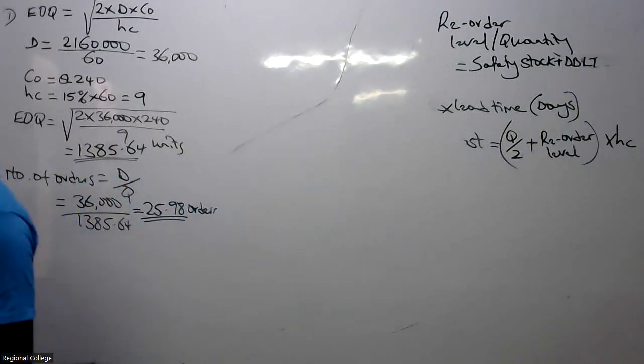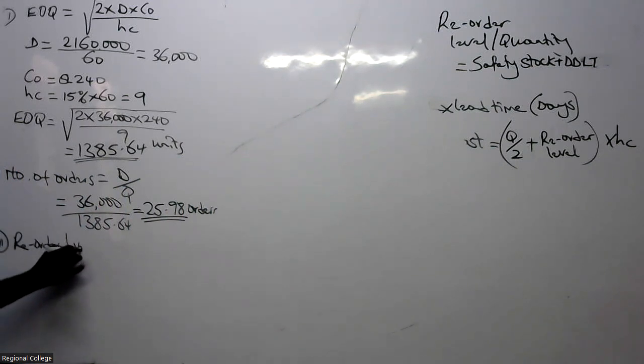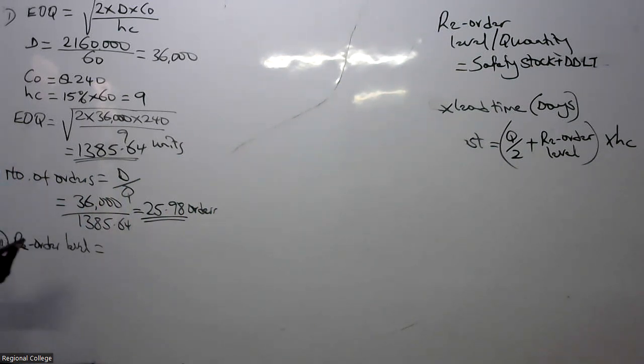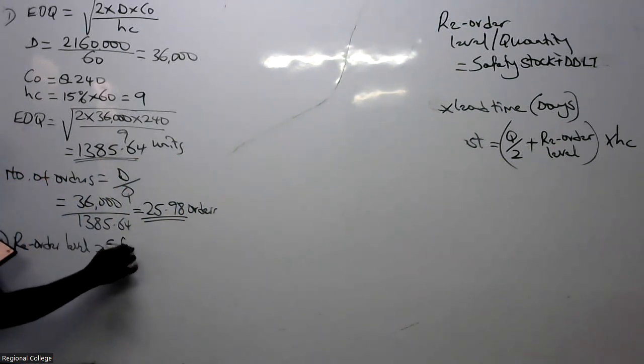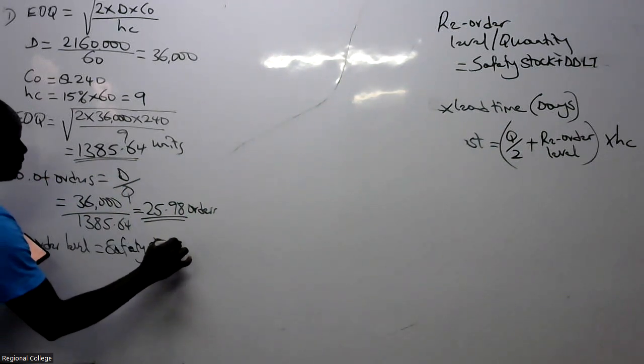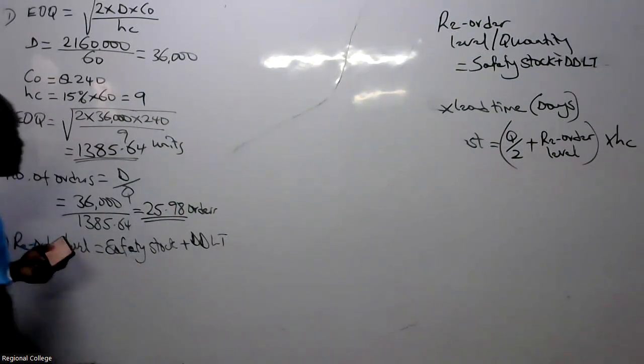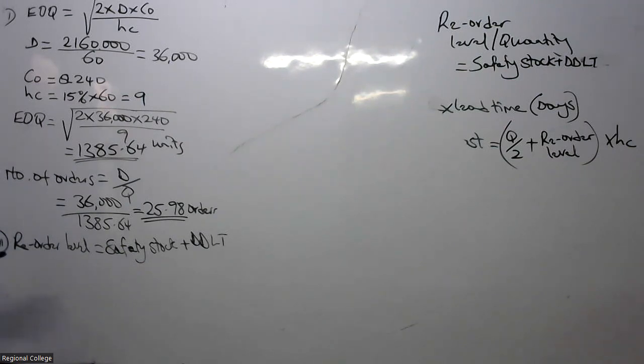Then they want us to get the reorder level. The reorder level equals the safety stock plus the demand during lead time, the DDLT. So how much is our safety stock?